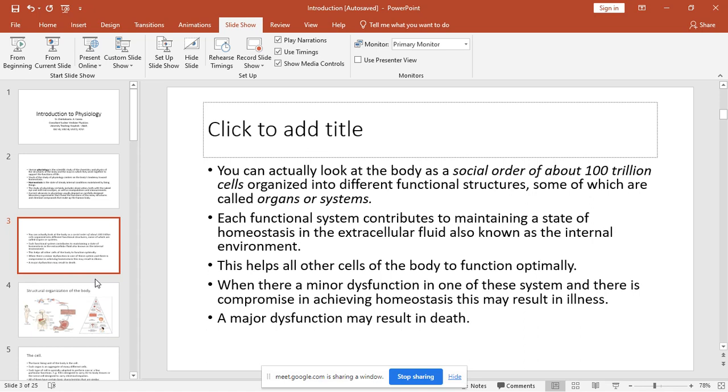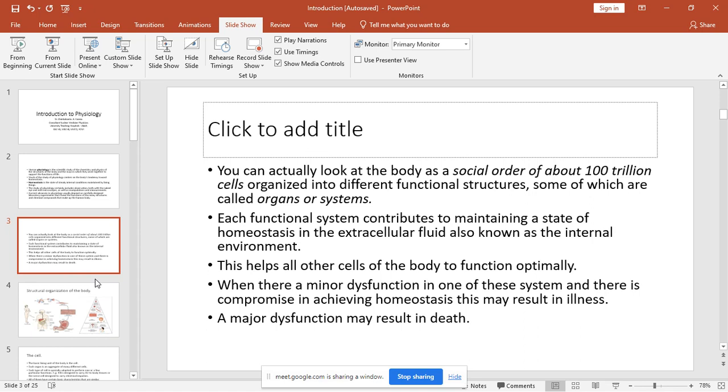You can also look at this organization of the body as that of a social order, made up of 100 trillion cells organized in different functional structures: from tissues to organs to systems until finally an organism.